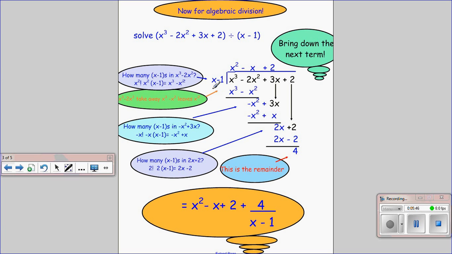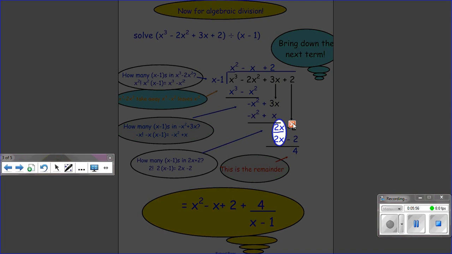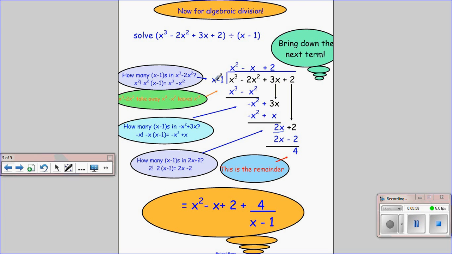And so how many x minus 1s fit into 2x plus 2? Look at the leading term. What do I multiply this by so that this first column here will disappear? I'm going to multiply it by 2. So I multiply my 2 times x, gives me my 2x, but I must also multiply my minus 1. So I get 2x minus 2.